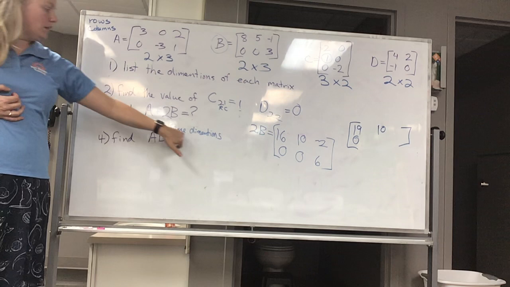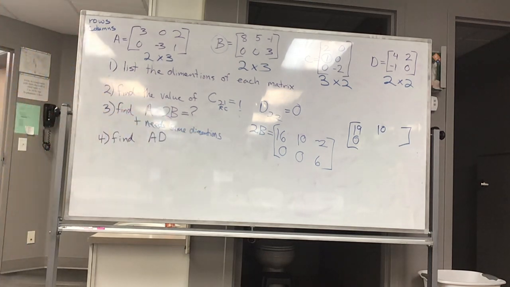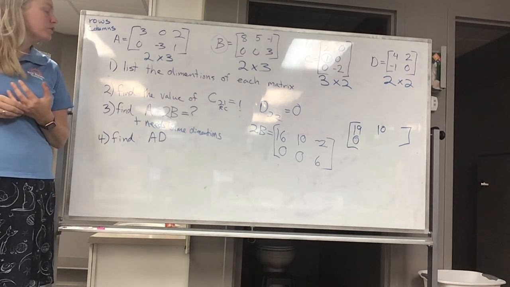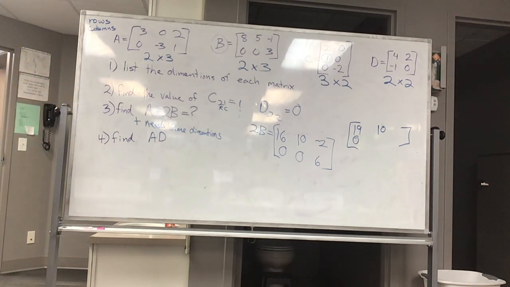So, important piece of information, in order to be added, they have to be the exact same dimensions, because you're going to be adding the corresponding elements, or the things that are in the same location.